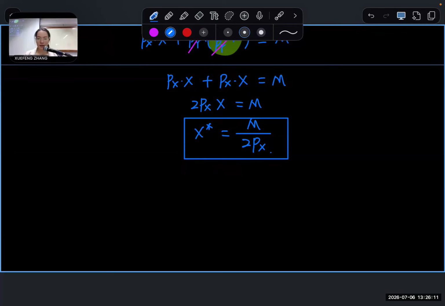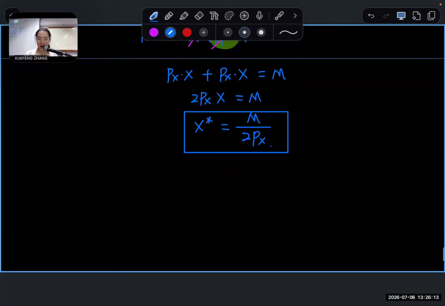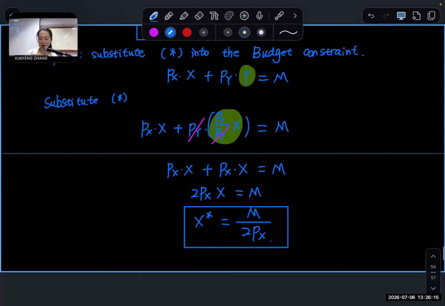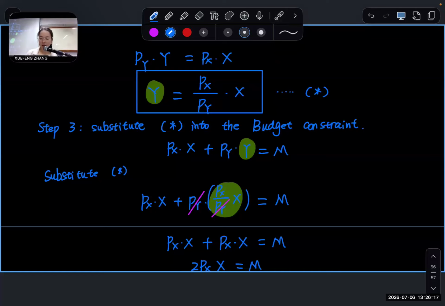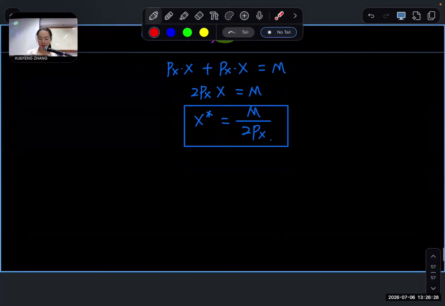If we substitute that x star back into our star equation here, so right now we got x star, right? I'm going to substitute x star into this equation.